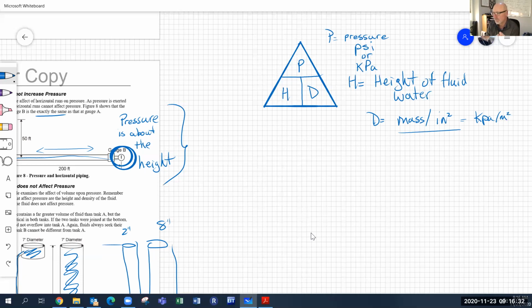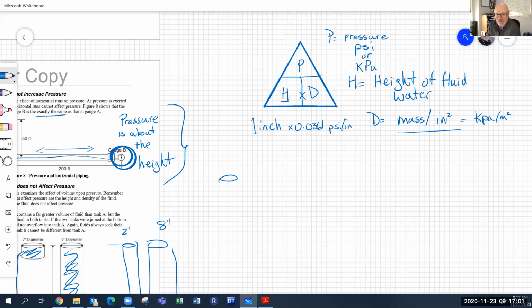So we know already that if the height of my water is 1 inch, we would multiply by 0.0361 psi per inch of water. So 1 inch of water is equal to 0.0361.